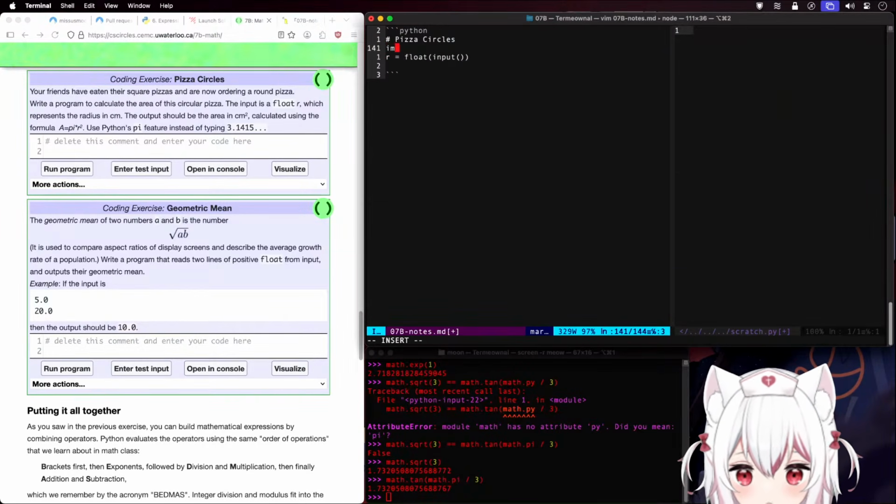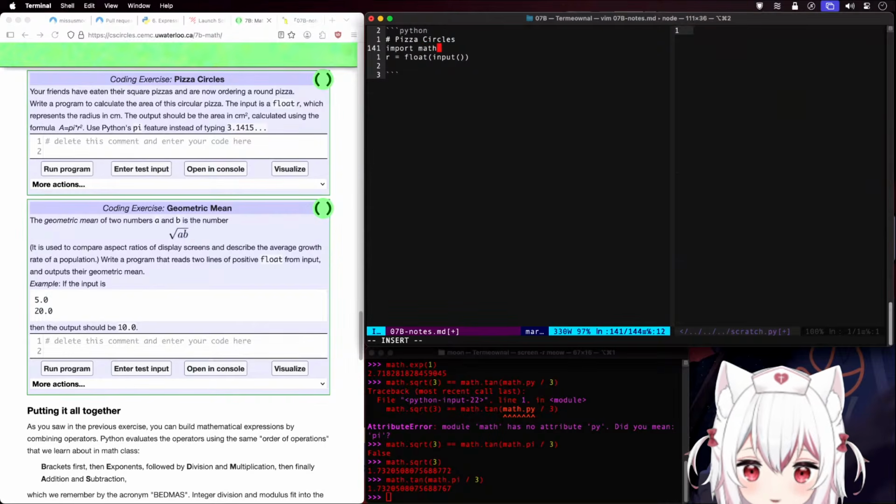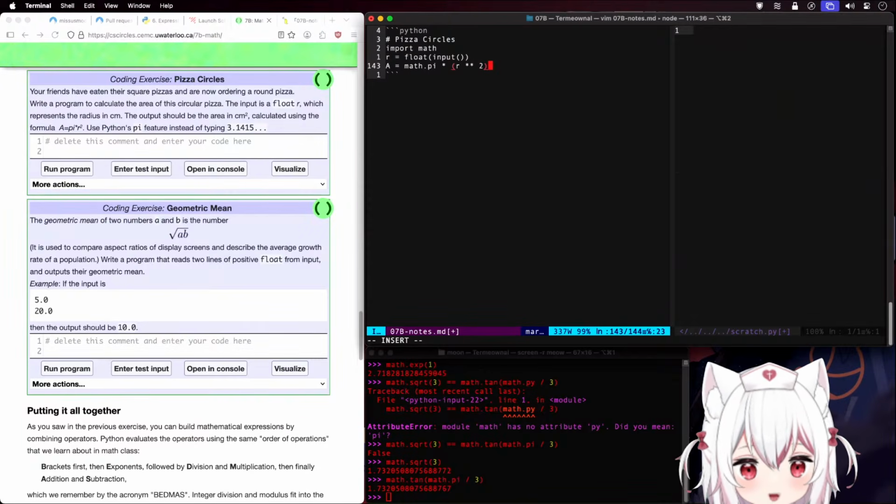Okay, so we're gonna do import math, then a equals math.pi times r. I think I'm doing this wrong.